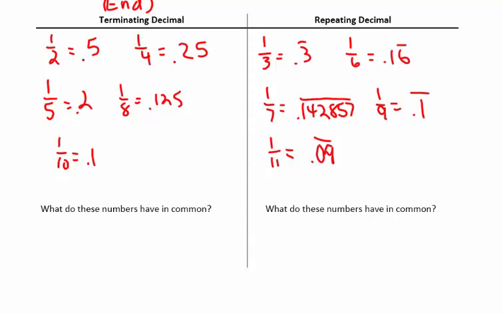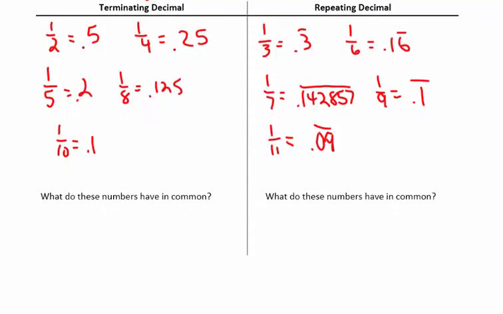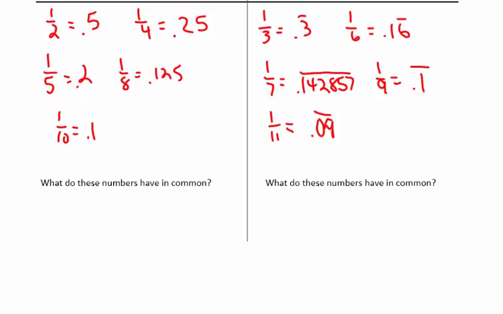Well, if you look at the denominators for the terminating decimals, they all have factors of 2. So 1/4, the denominator 4 is really 2 times 2. 8 is 2 times 2 times 2. Or they have factors of 5.